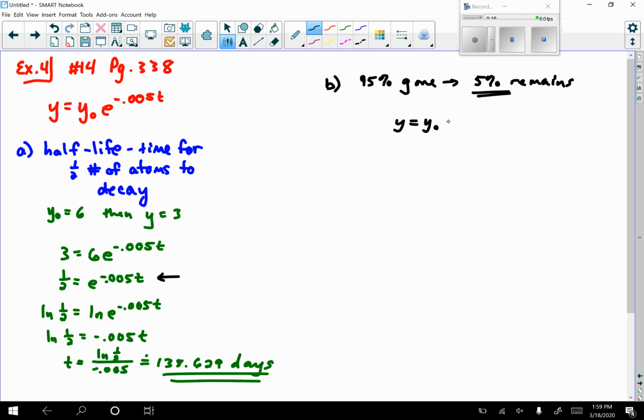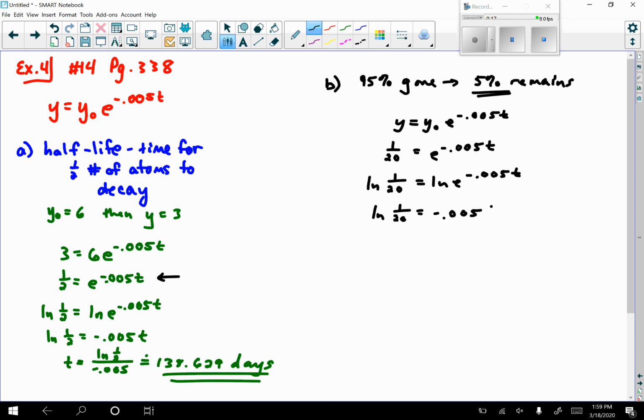So we could set this up as, again, I'm just going to go back to writing out the formula I'm using. So I could say that this is 1/20th. You could still leave it as 0.05, it's fine. 1/20th equals e to the negative 0.005t. Take the natural log of each side. So the natural log of 1/20th is equal to negative 0.005t.